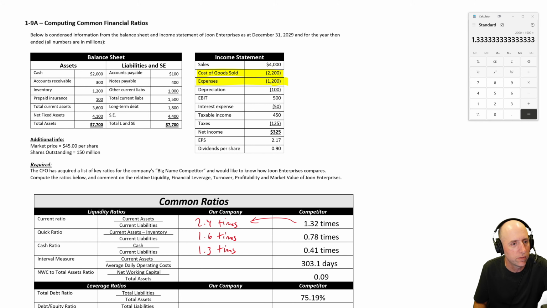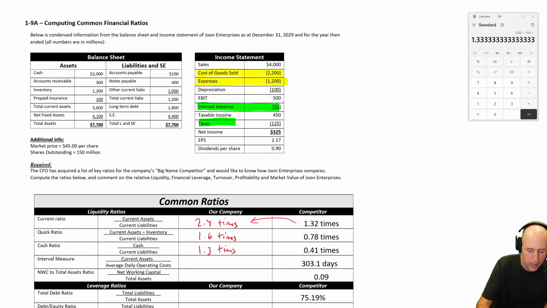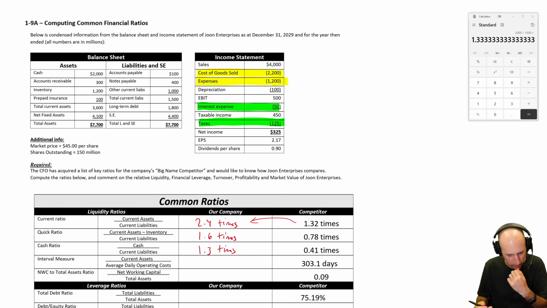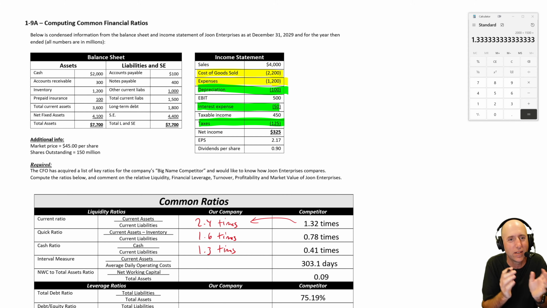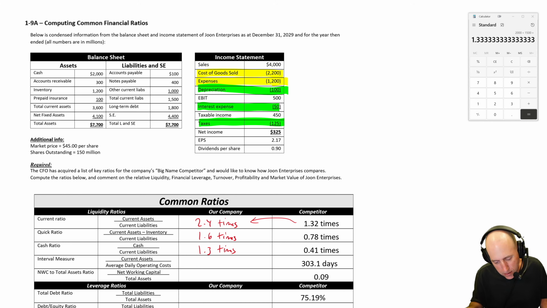I exclude interest because it's not operating, and taxes, again, not day-to-day operating costs, and I exclude depreciation, and the reason is this is a cash burn. Depreciation, although it's a cost, is not one that's going to cause me to be illiquid, right? Liquidity is cash-like stuff, and with depreciation we're not burning cash. So it's COGS plus any operating expenses.